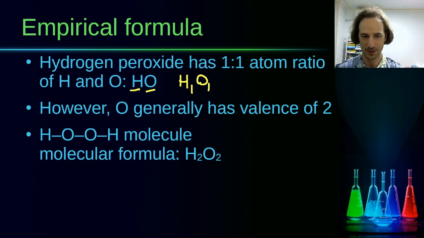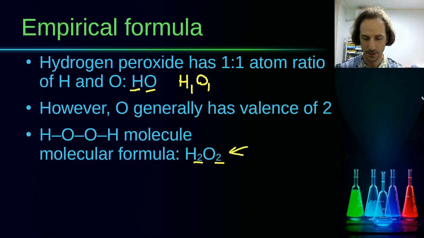So now, because it is 2, we write down the actual number of atoms in the molecule in the index. So in the empirical formula, we write down the numbers of the ratios of the atoms, and in the molecular formula, we write down the number of actual atoms in the molecule.